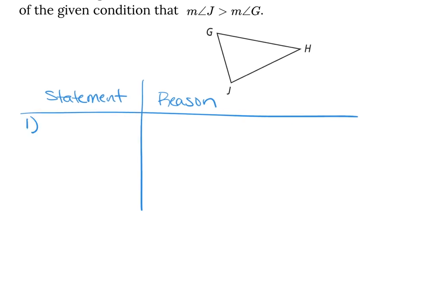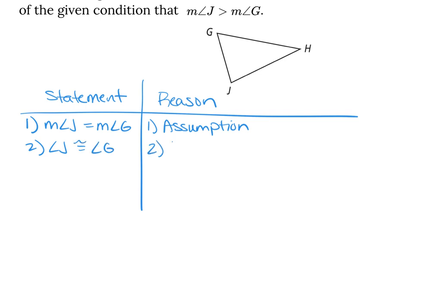So we are going to make the assumption that the measure of angle J is equal to the measure of angle G. And if the measure of angle J is equal to the measure of angle G, that means that angle J is congruent to angle G by definition of congruence.